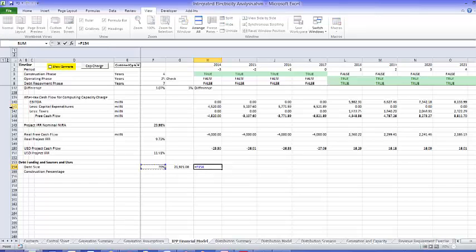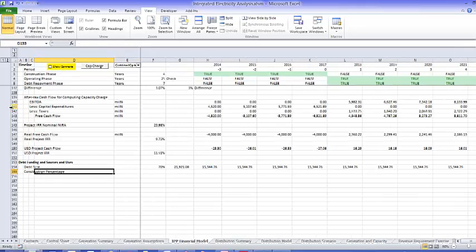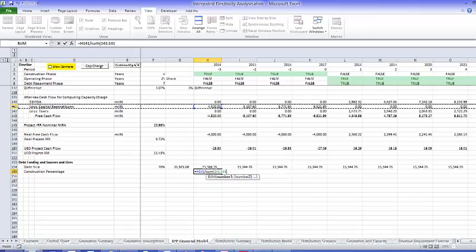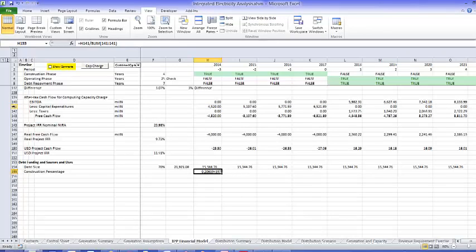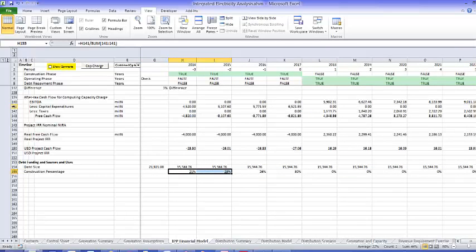Okay. I'm going to press F4 and multiply that by another F4. Okay. And then we put in our construction expenditure, and the trick here is just taking the capital expenditures and divide them by the sum of the total capital expenditures over time. It looks like we might have some sort of circular reference, but that's no problem whatsoever.